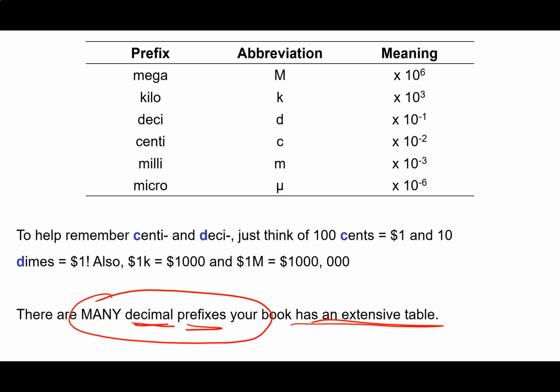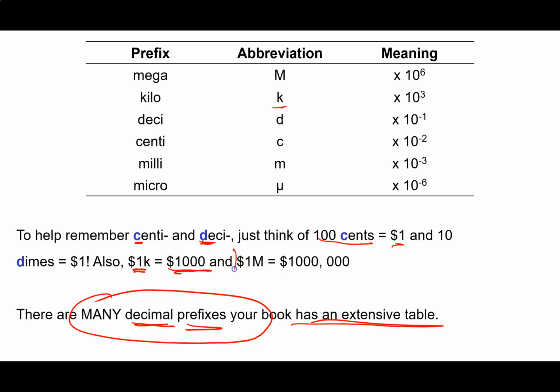There are a couple of little tricks you can use to help you memorize those 6. Centi, just like cents in the dollar, you get 100 cents in the dollar, you get 100 centimeters in the meter. Deci, think of it, it begins with D. And just like there are 10 dimes in a dollar, there are 10 decimeters in a meter. And then kilo, if someone told you that you were going to earn 1K, you would understand that that meant that you were going to earn $1,000.